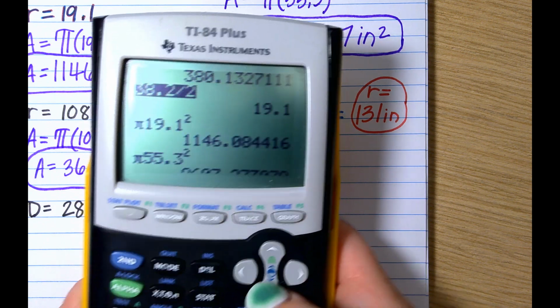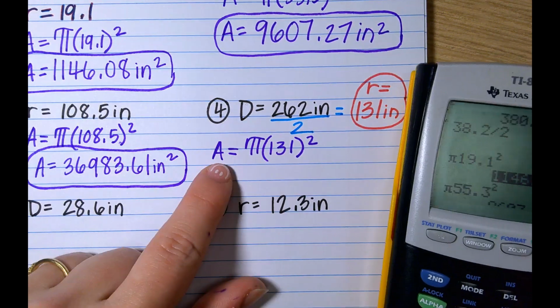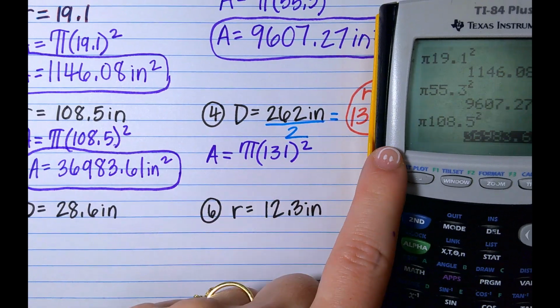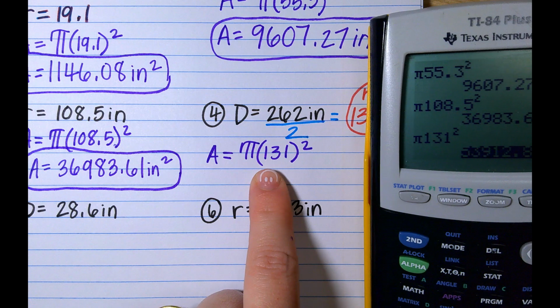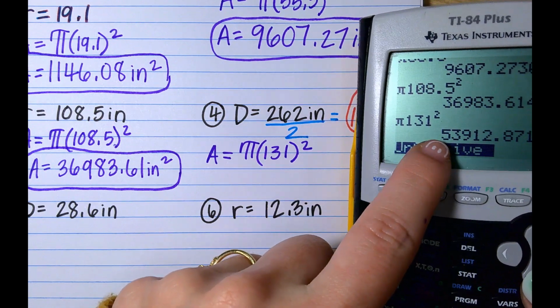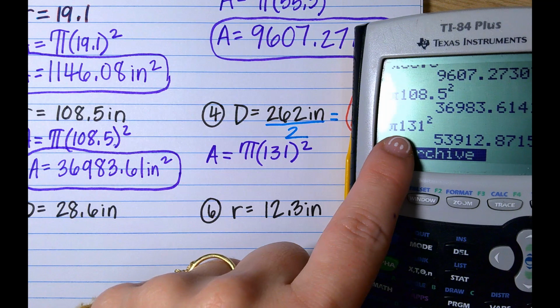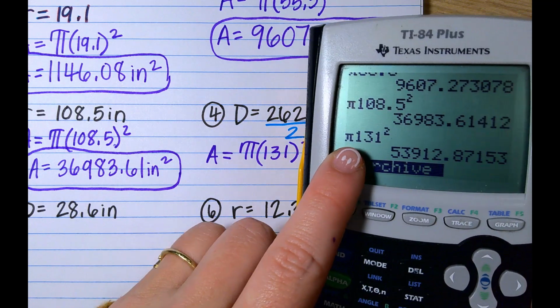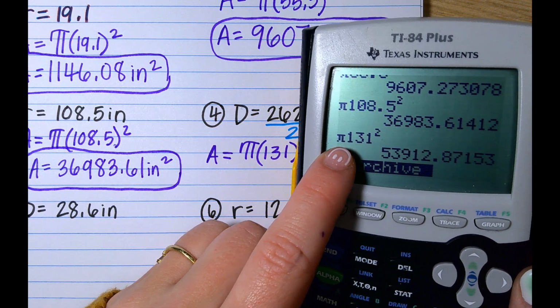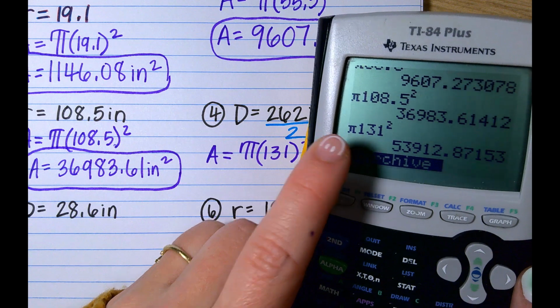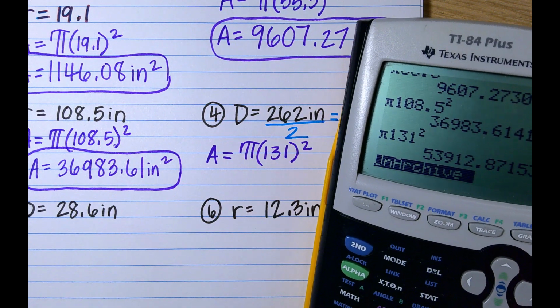Okay, so I wanted to know, whenever I typed in pi 131 squared, I got that 53,912. And you got a different number. Can you see what you typed in to get that different number for number 4?